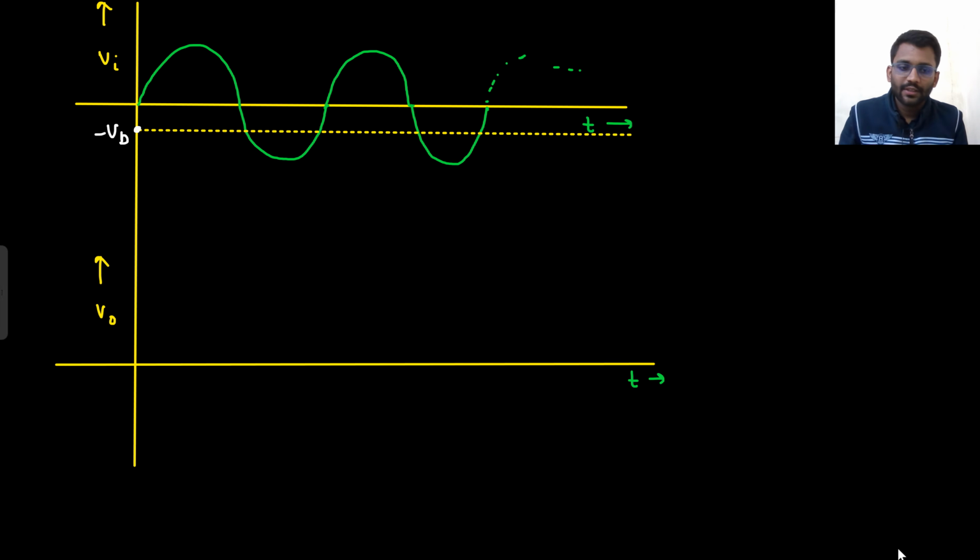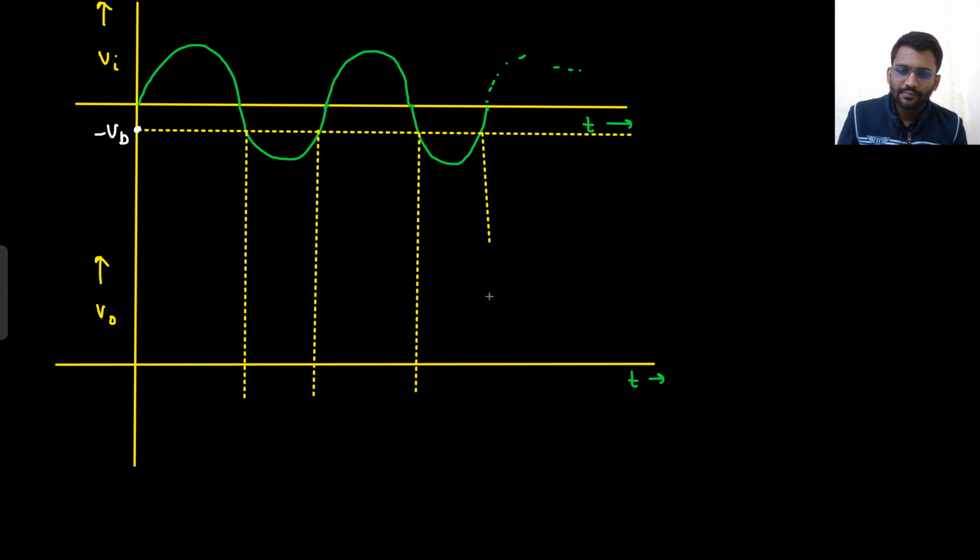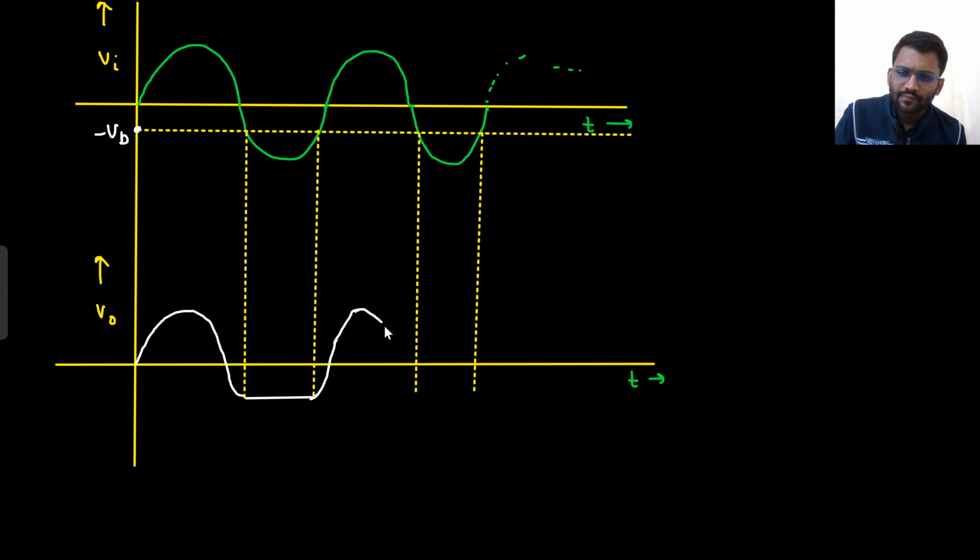So for all these values, it will always be equal to V in, and for lesser than that, it will simply be that one value. Like this, right? And this value will be minus VB.